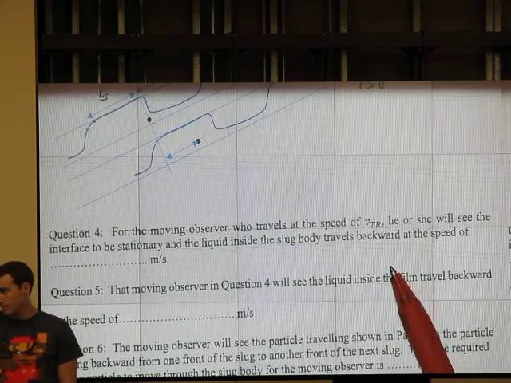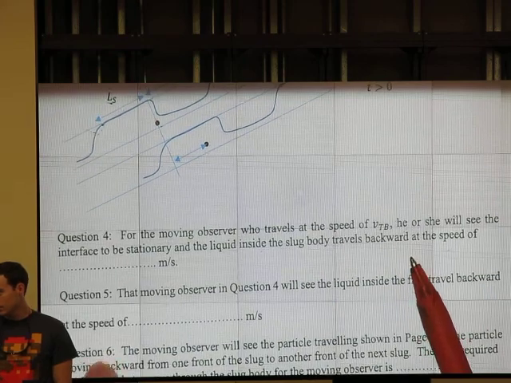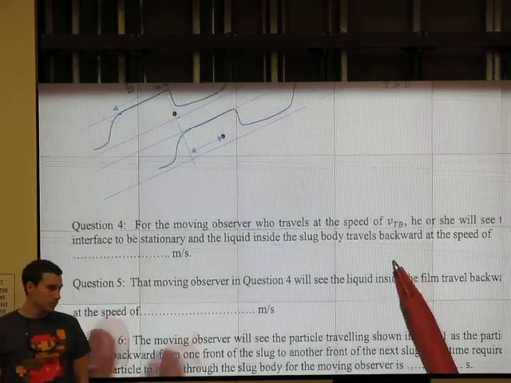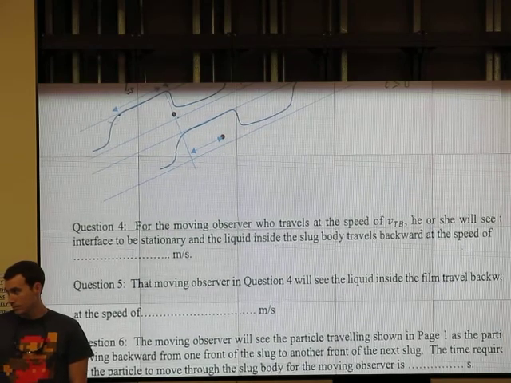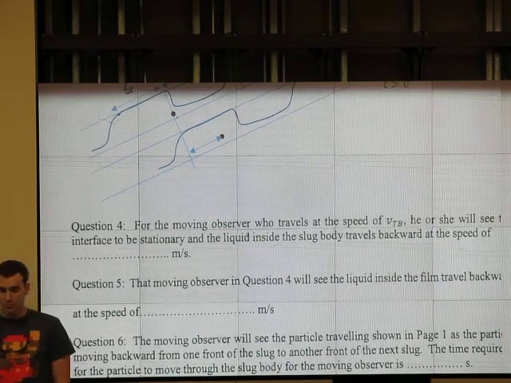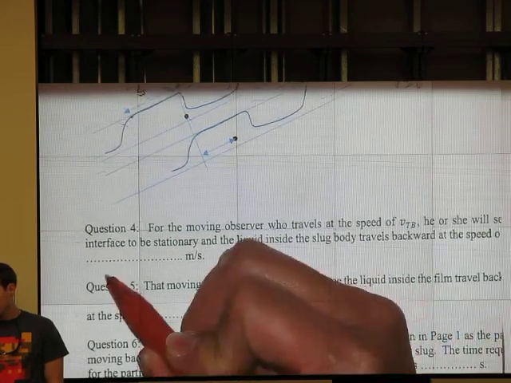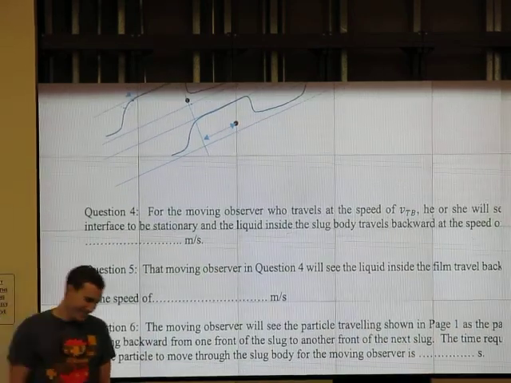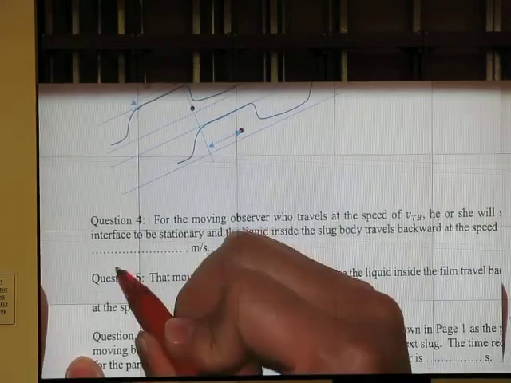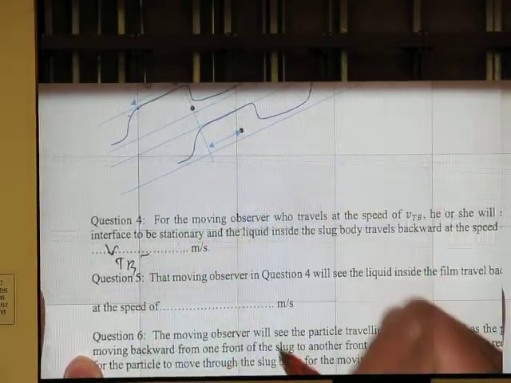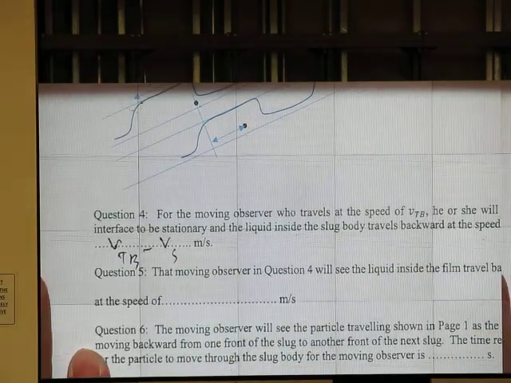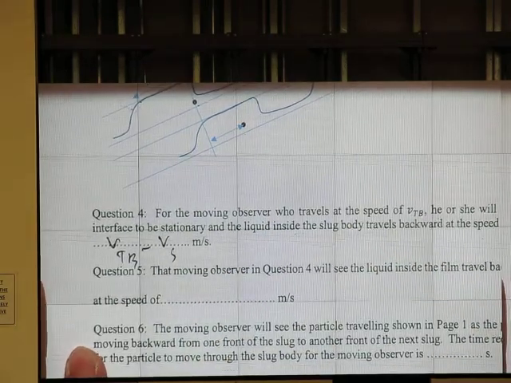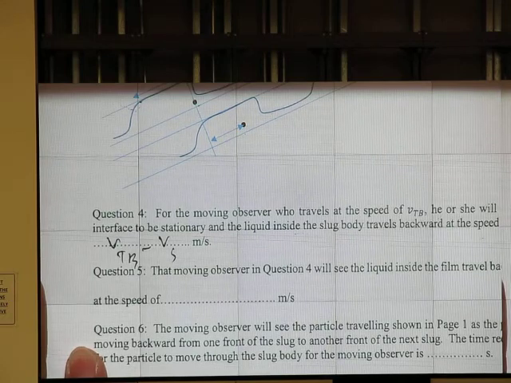Stuart's velocity is VTB, and Rico's velocity is Vs. So Stuart will see Rico move backward at the relative velocity, which is VTB minus Vs. So Stuart will see Rico move backward at the difference of those speeds.